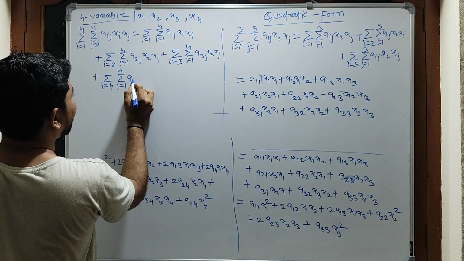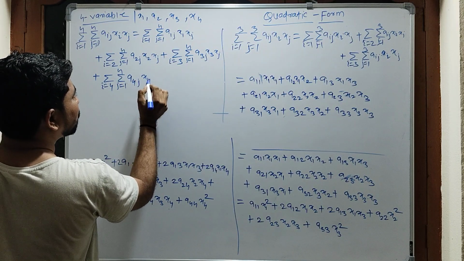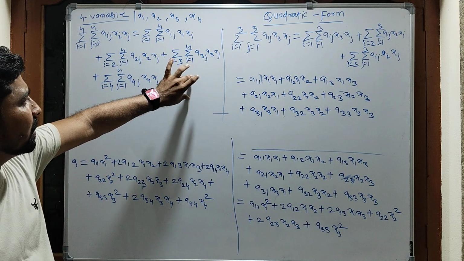Here i is 4 fixed and j is changing. Now you will solve this equation.